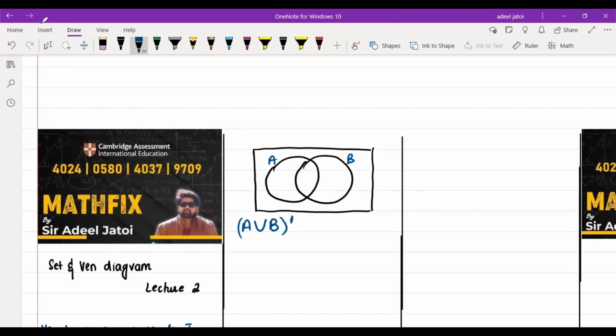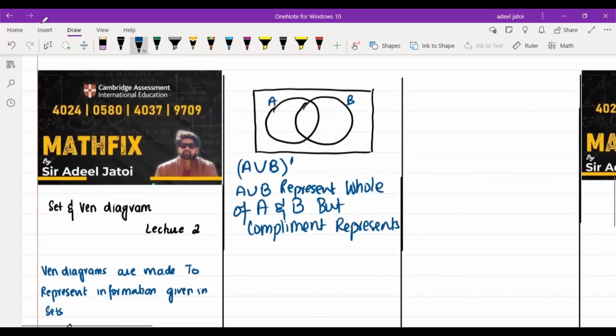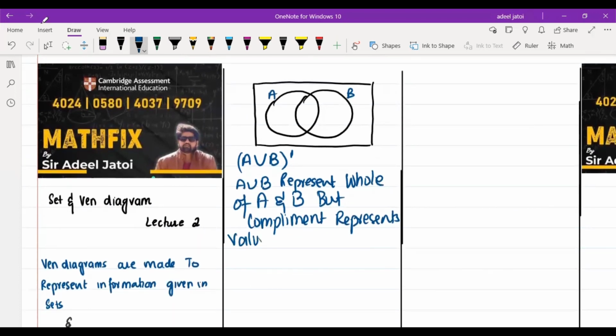So that means in this case, A union B represents the whole of A and B, but complement represents values outside A union B.